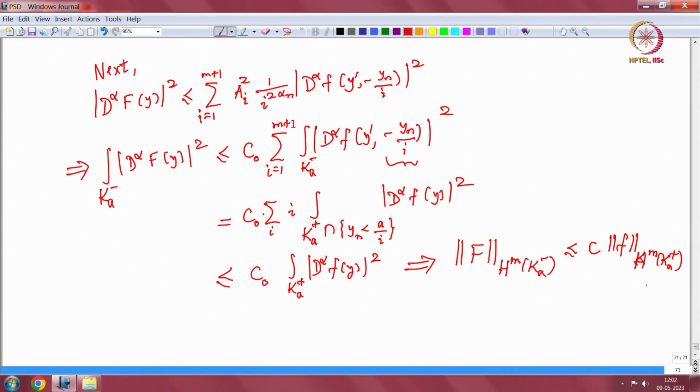But on k a plus, f is nothing but f. So different constants. So we just conclude that, on k a, the norm is less than or equal to some constant times h m k a plus.